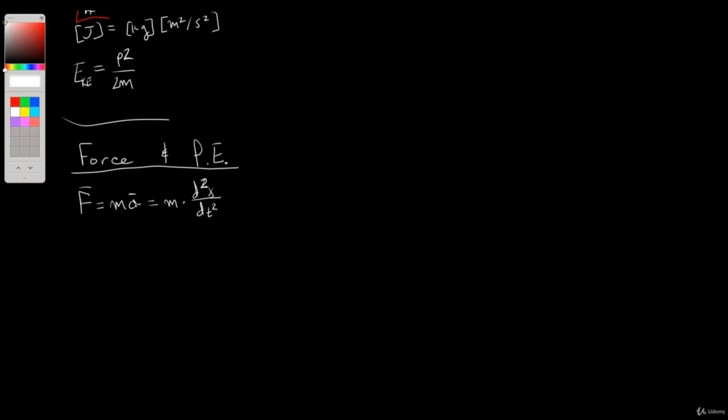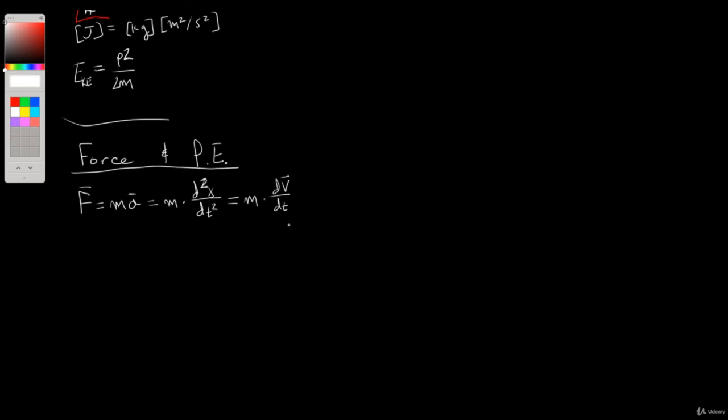This gives us our acceleration. And of course, this can also be written as m times dv over dt. So the first derivative of velocity also gives you acceleration, right?